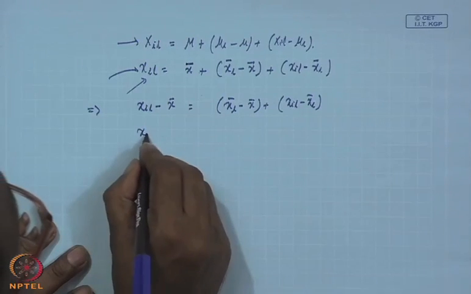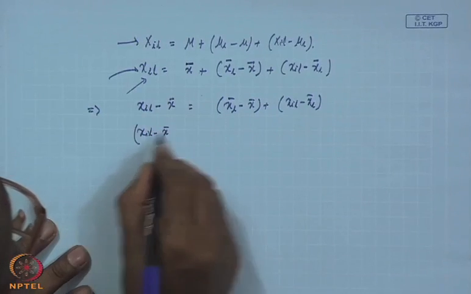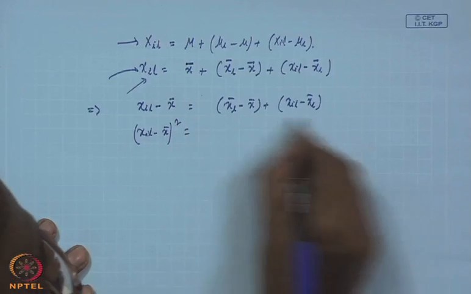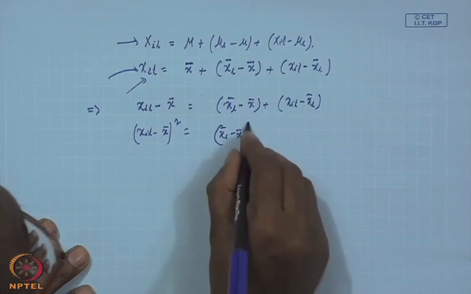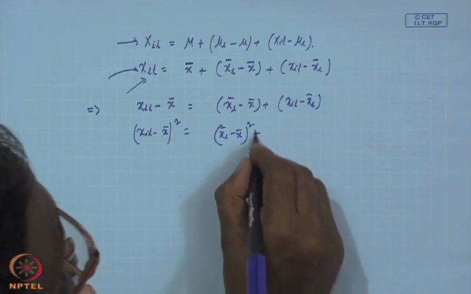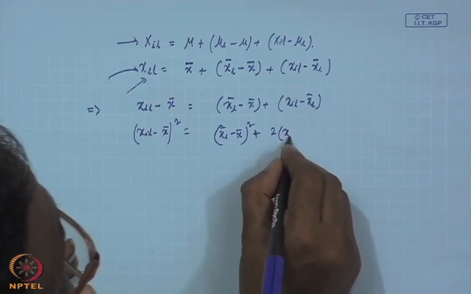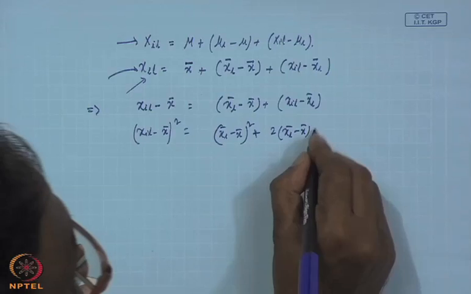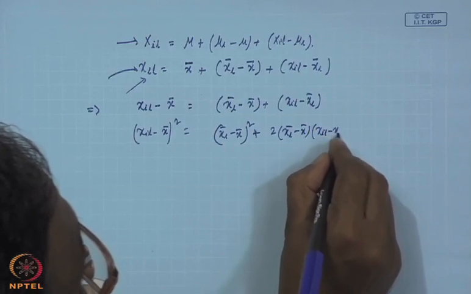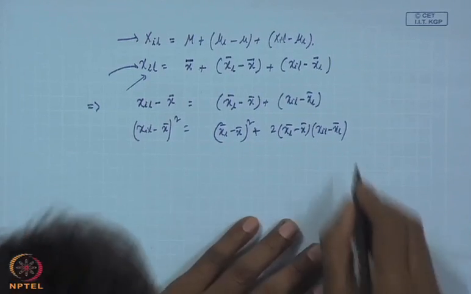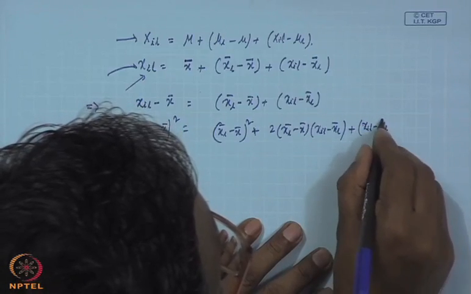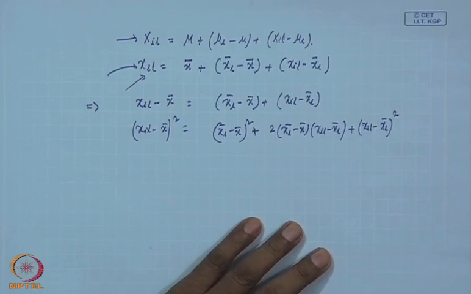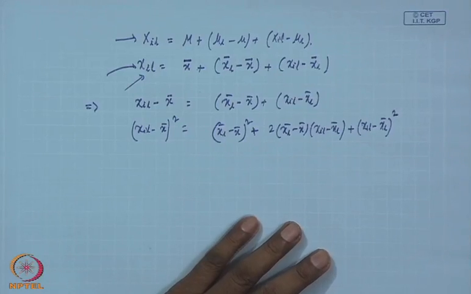If you square it, (x I l minus x bar) square equals (x l bar minus x bar) square plus 2 into (x l bar minus x bar) into (x I l minus x l bar) plus (x I l minus x l bar) square, fine.